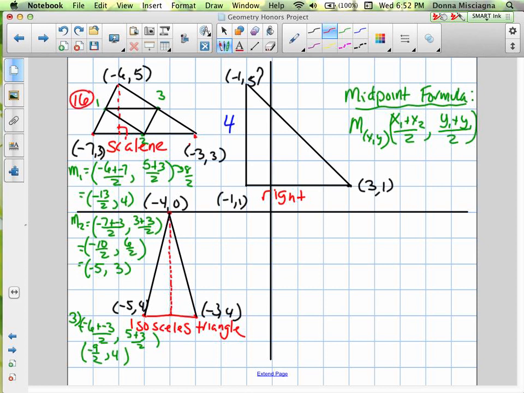So you know what? You will need 6 because you'll need 3 triangles for number 15 and, oh, you know what? So long as you do one of each, all right? As long as you do one of each. So this is my 16. I graphed the mid-segment. So I did number 16 first. All right, so there's the mid-segment.